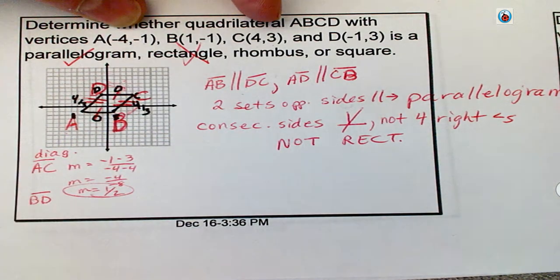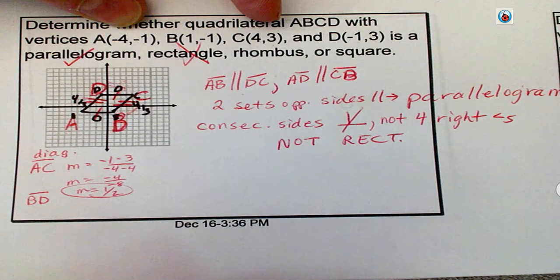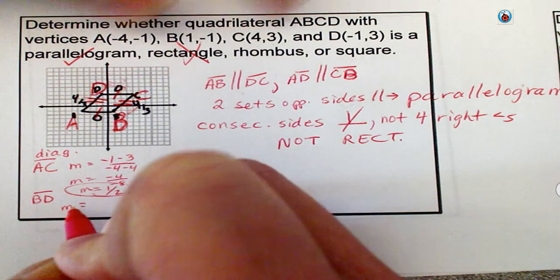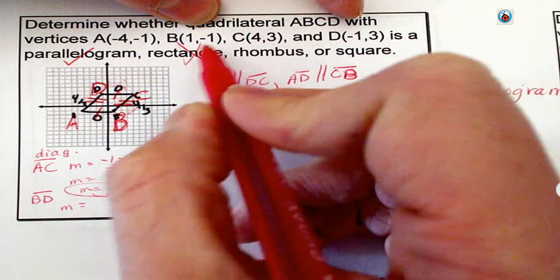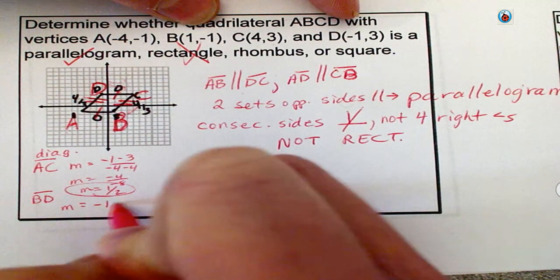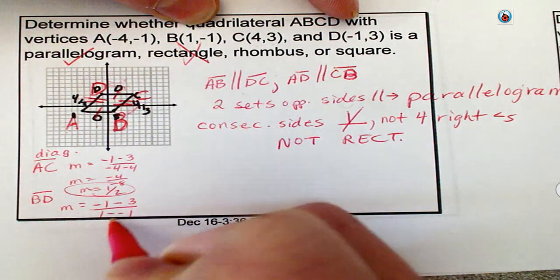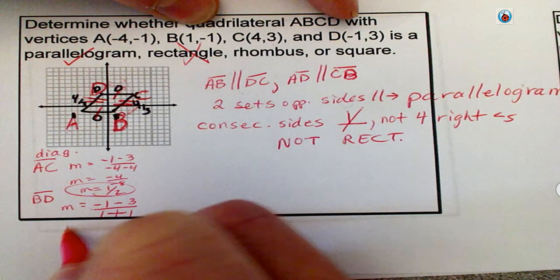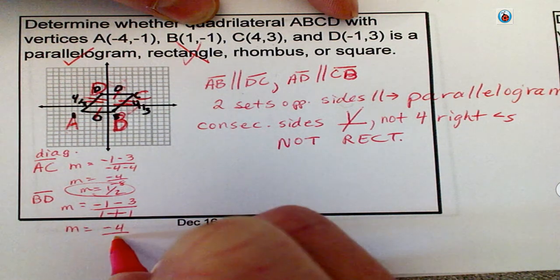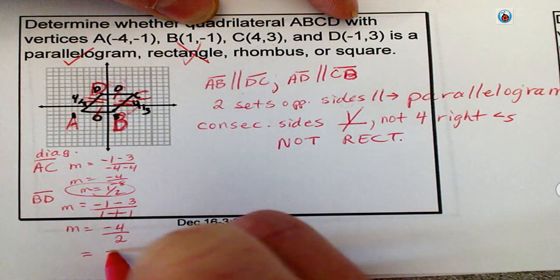So that's the slope of segment AC. For segment BD, rise over run, change in y over change in x, I have -1 minus 3 over 1 minus -1, which we know right here that's really adding. So we have -4 over 2, or slope of -2.